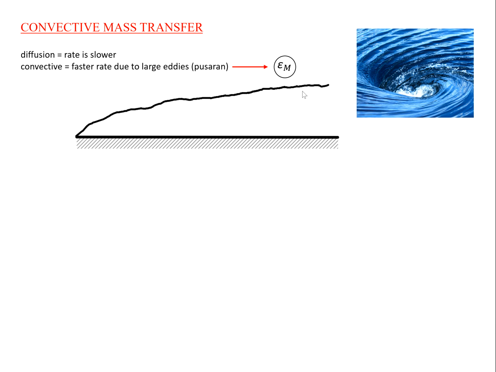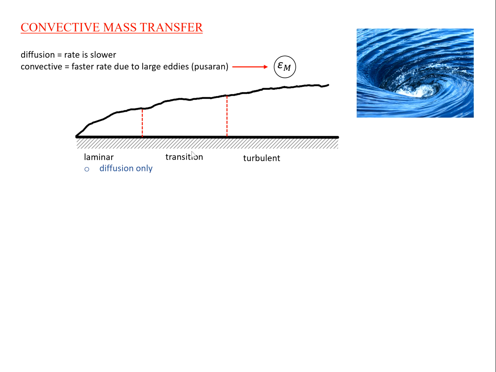Let us now consider the boundary layer. We can have three different ranges: laminar, transition, and turbulent flow. Here you see that laminar occurs only with diffusion, at the entrance region.